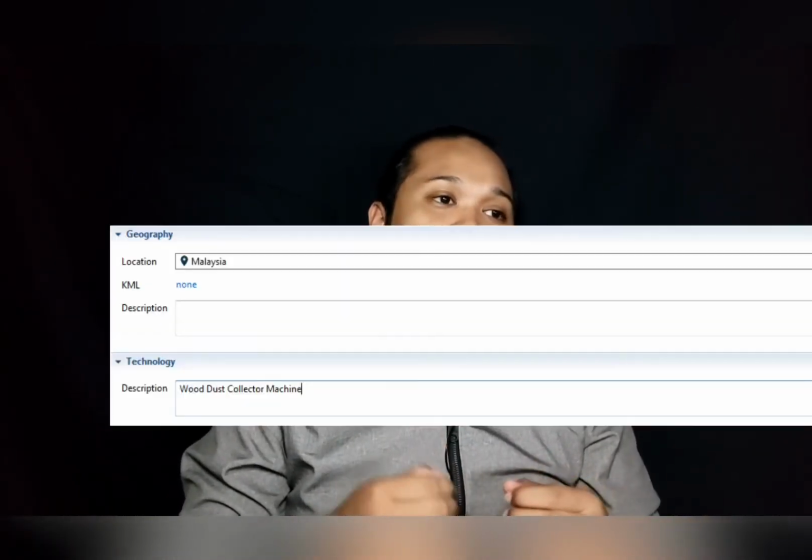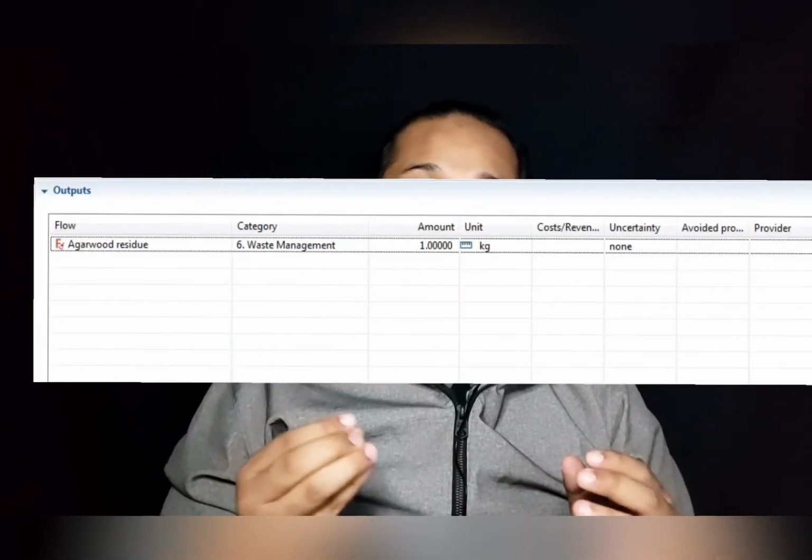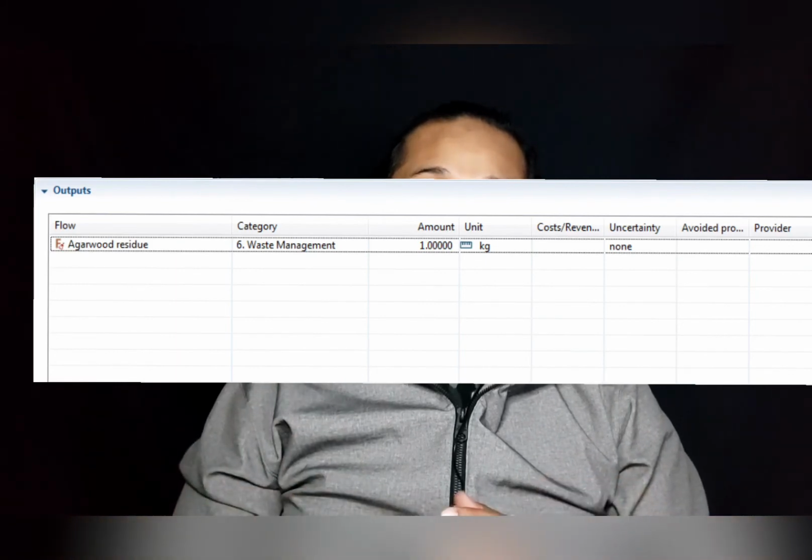So how do we manage the waste of Agarwood residue? We use a wood dust collector to collect the Agarwood residue, and the residue can be used for another purpose, which is we can use it as charcoal, or we can use it to make composite wood. So for the output of the data, the process creates Agarwood residue.